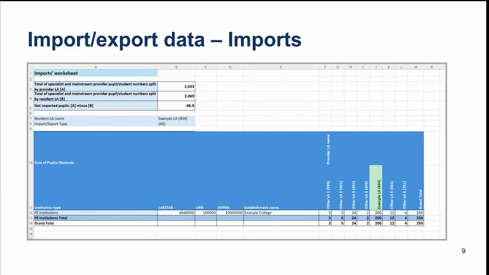In the summary sheet earlier, you may recall that I mentioned the local authority's concerns as it's funding 400 high needs places at college. While there's likely to be some variance between the ILR data and places funded, the difference here between the 250 high needs students and the 400 places funded is clearly quite large. And this is where the school or college level data can be helpful in identifying possible errors.